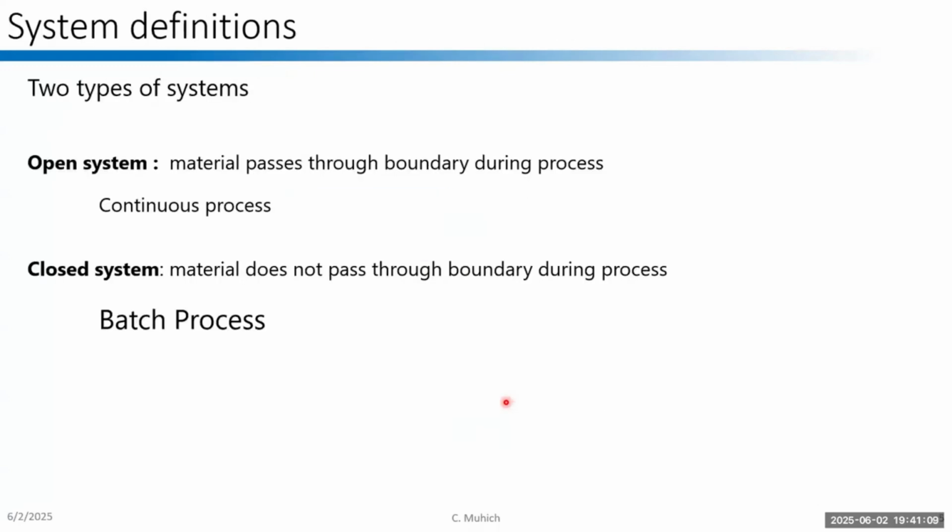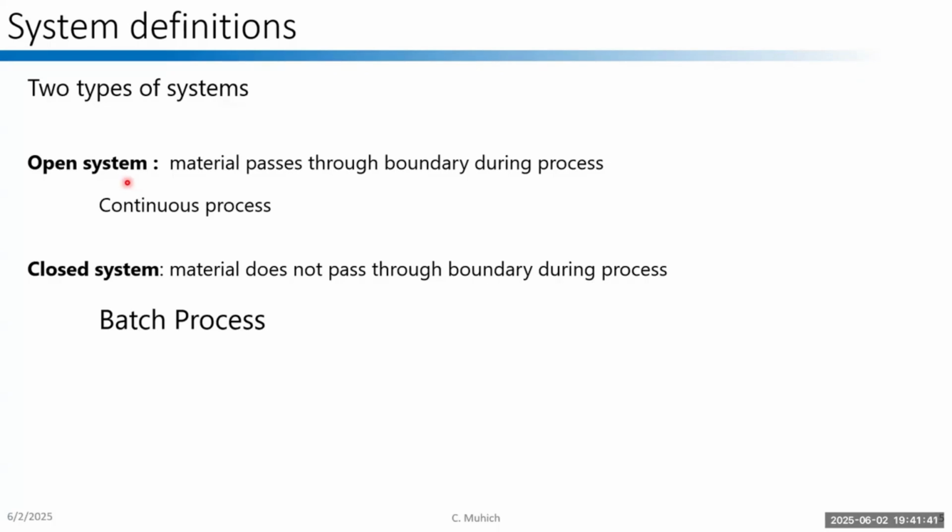I'd like to define two types of systems that we're going to encounter in engineering. One is an open system, and that means that mass is moving through our boundary in time. Think of this as a continuous process, where stuff is flowing into a reactor, stuff is flowing into a flash unit, stuff is flowing in and out.